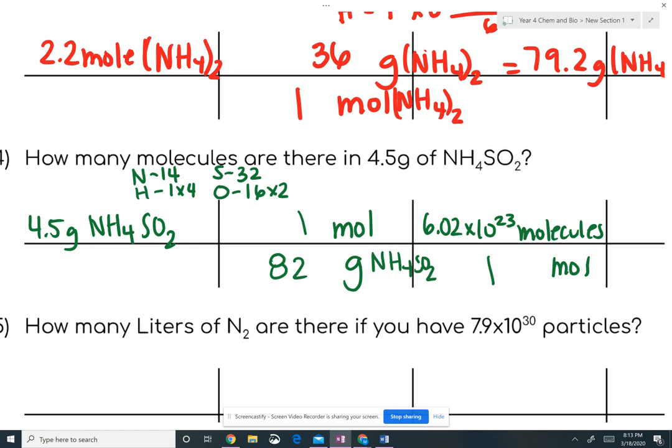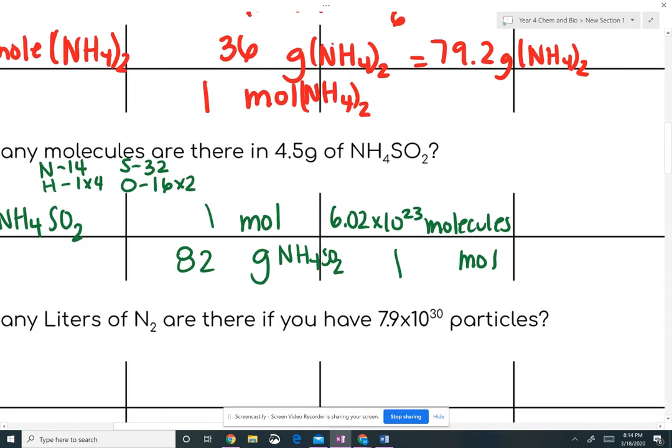So I'm going to multiply and divide these across. So I go 4.5 times 6.02 times 10 to the 23rd. And then I'm going to divide my answer by 82.